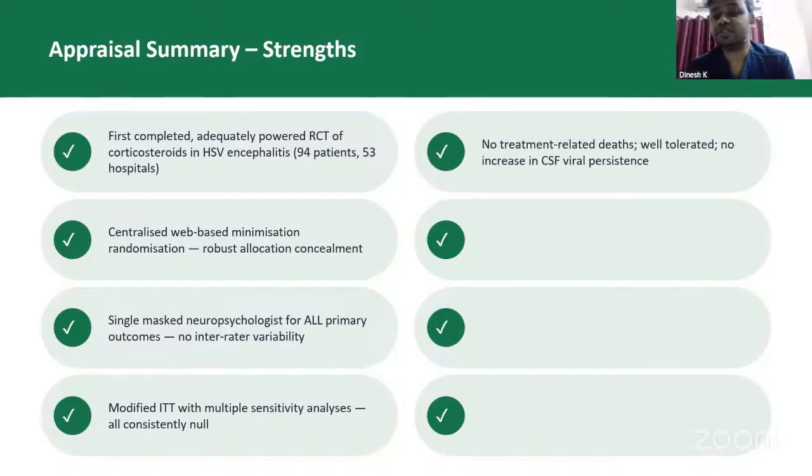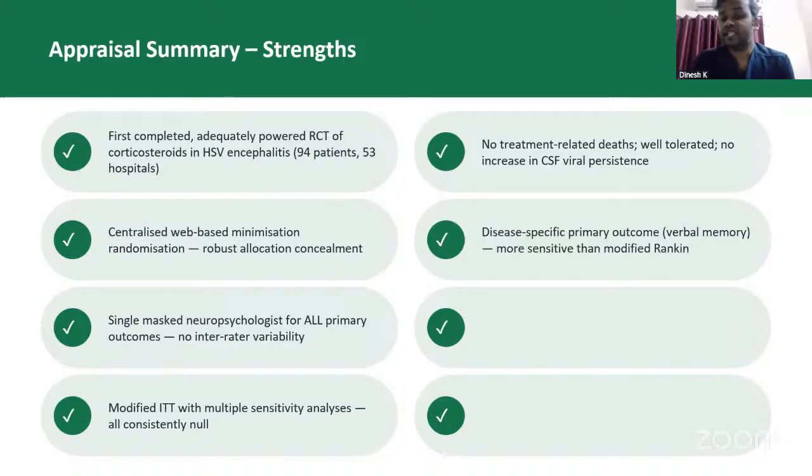And then for dexamethasone, there was some safety signal. The dexamethasone was well tolerated. There was no increase in viral load. And then they chose a disease specific primary outcome, because of which the sample size was 94. They were able to recruit all the patients.